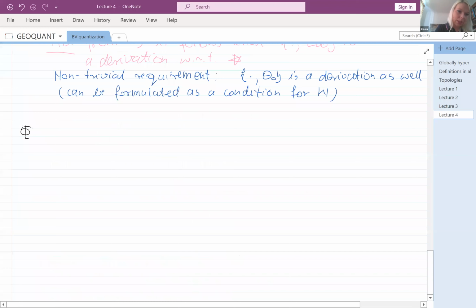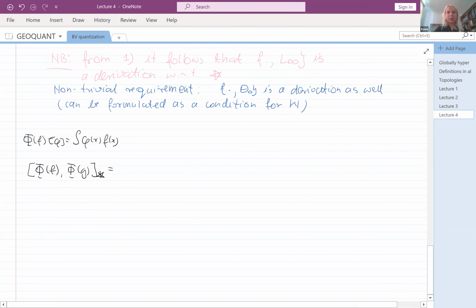If you have linear fields, just one remark, and then you compute the star commutator of linear fields for two different test functions.